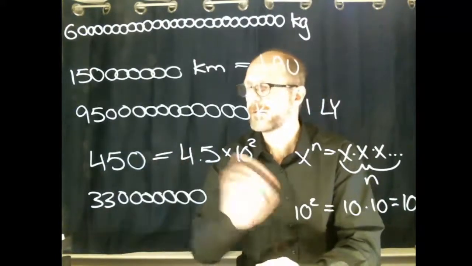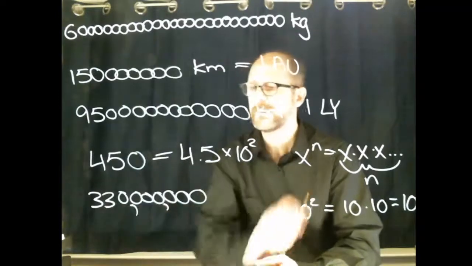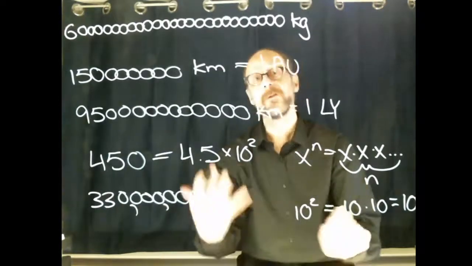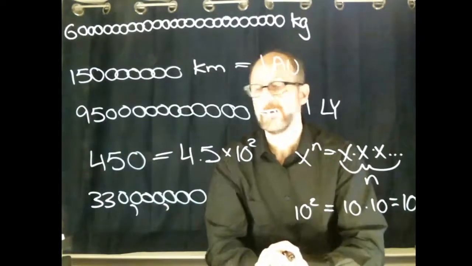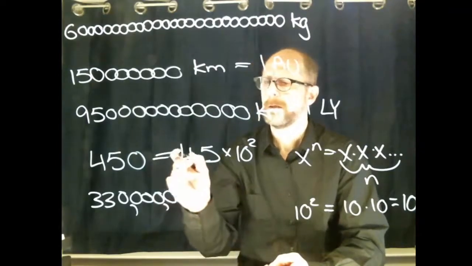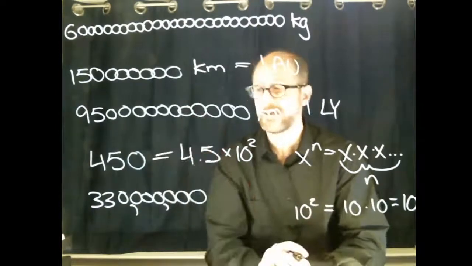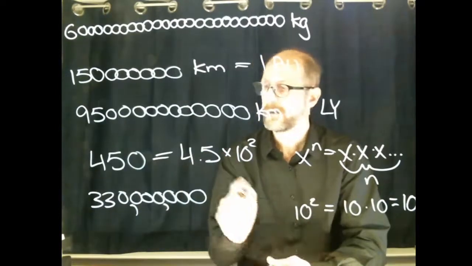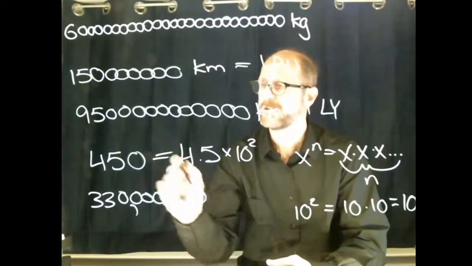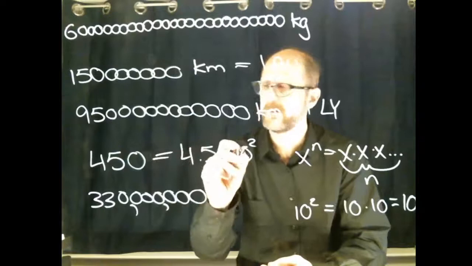Now this number, 330 million, that is about the current population of the United States. And so the way we can write that in scientific notation is we look at how many decimal places. 450 was 4.5 hundred, and 100 was 10 to the 2.